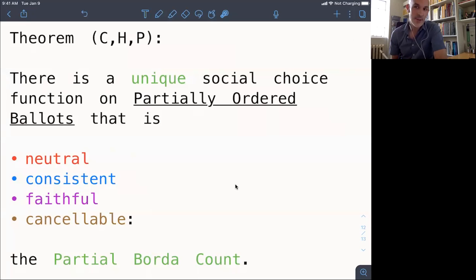So you can imagine, our theorem says the partial Borda count, this method of assigning 2s and 1s to the down set and the incomparable set, is a way of voting. And it is the unique one that satisfies these properties, but you actually recover the scores from the combinatorial and set theoretic data.